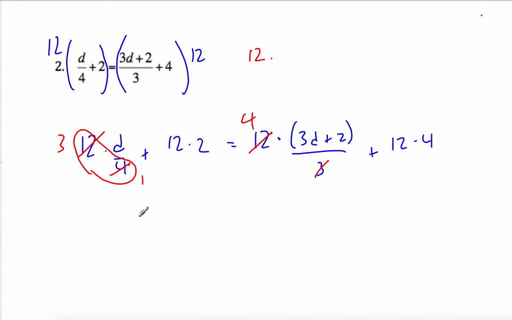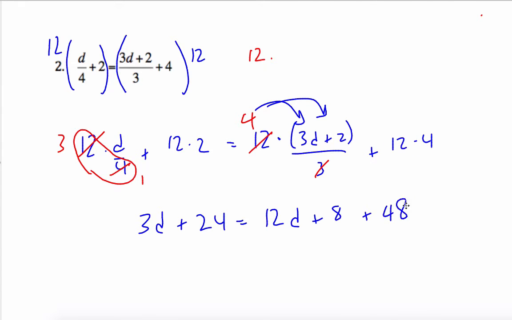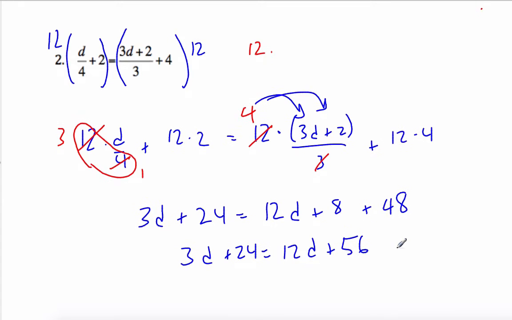Putting it together, I get 3d plus 24 is equal to, distributing this one in, 12d plus 8 plus 48. Collecting like terms, 3d plus 24 is equal to 12d plus 56.